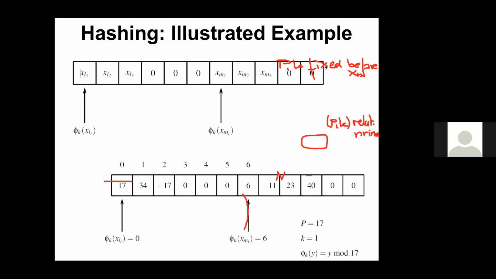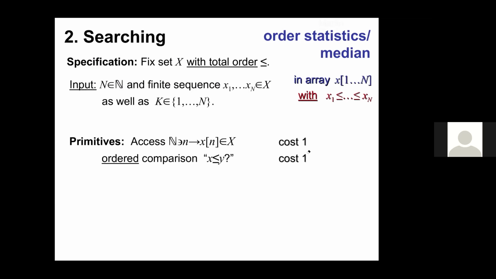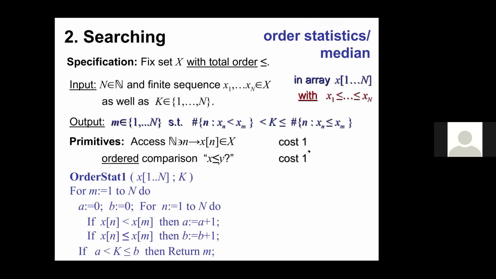Now let me try to see if I can finish the section. I think this is what I finished with last time, more or less. The next thing that we discussed was order statistics, or the median value.